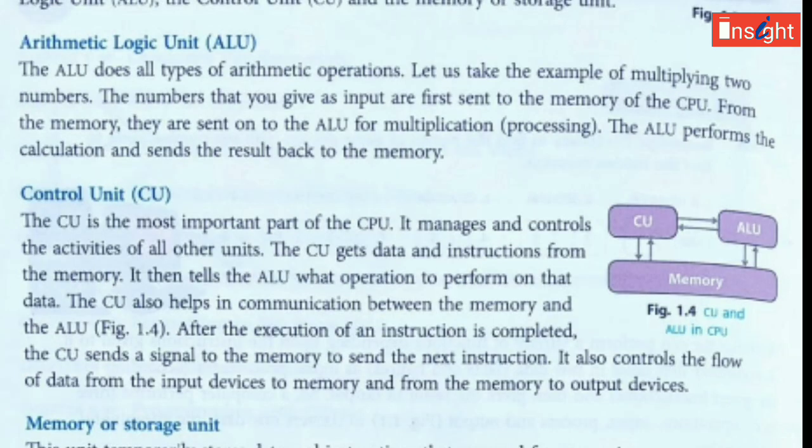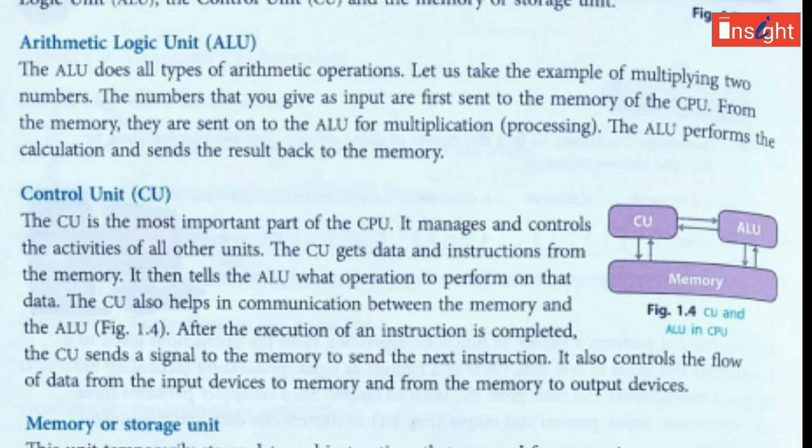Now we will discuss the basic functions of all the three main components. Arithmetic and Logic Unit. This unit does all the arithmetic operations. Let us take one example. Suppose we want to multiply two numbers, and those numbers we have given to the computer through the input device keyboard.